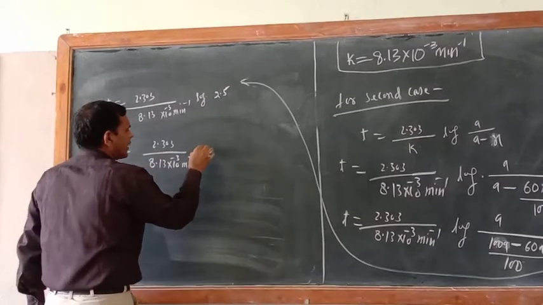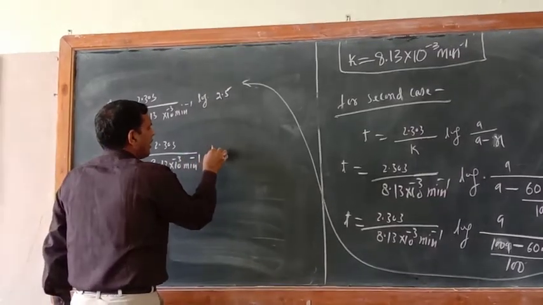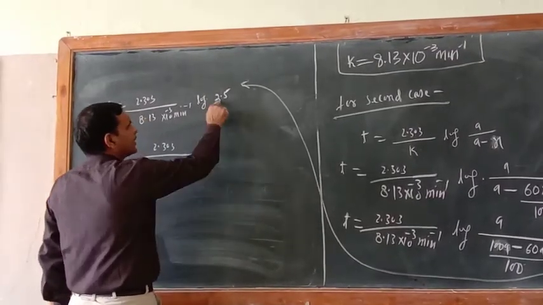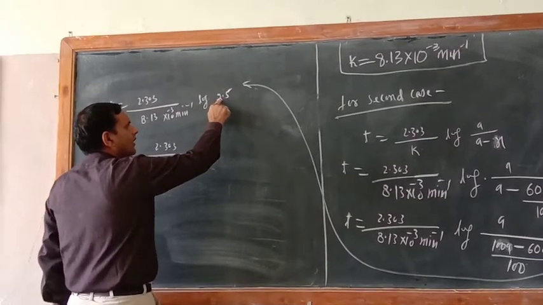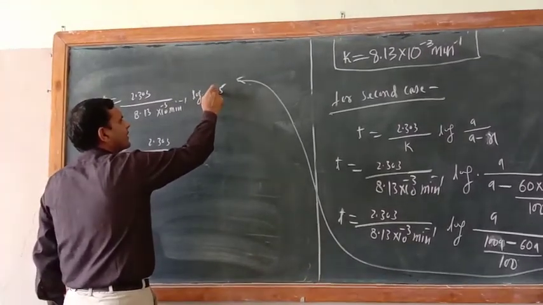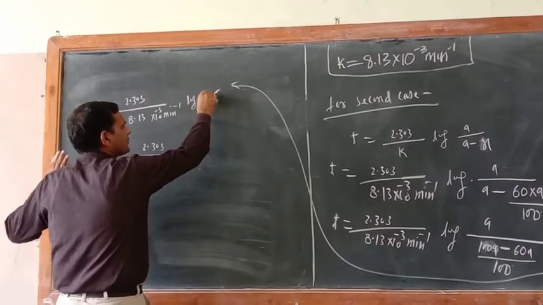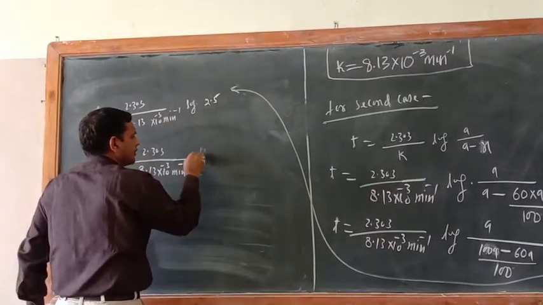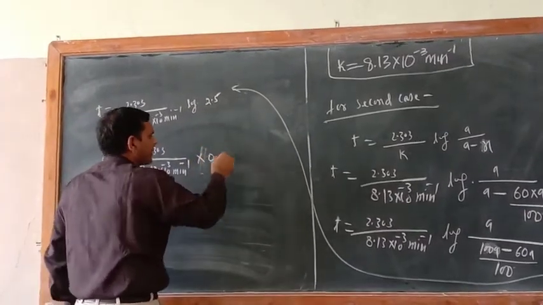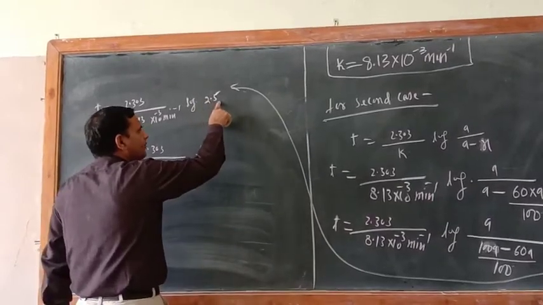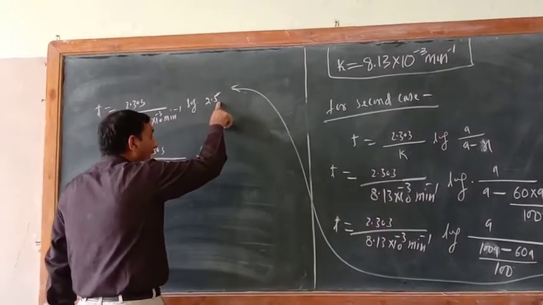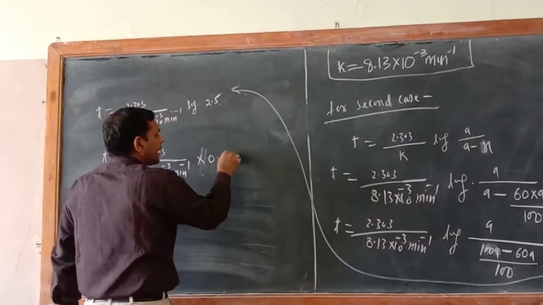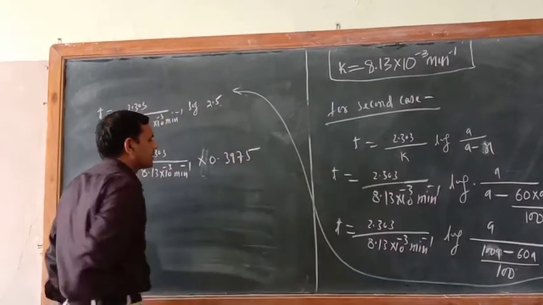So now here log 2.5. See, before the decimal, left hand side of the decimal, how many digits is there? 1. So it is 0 point. Now if you see log 25 at 0, you will get the value 3979.